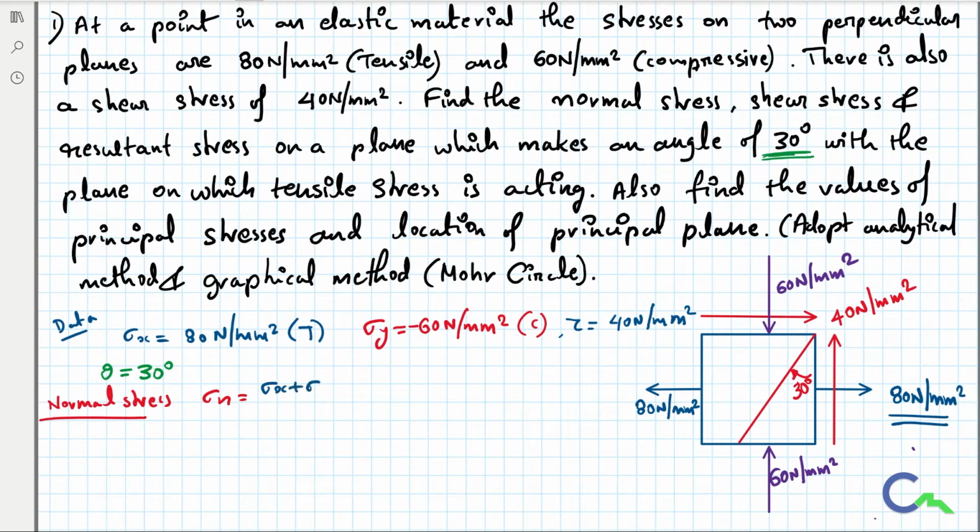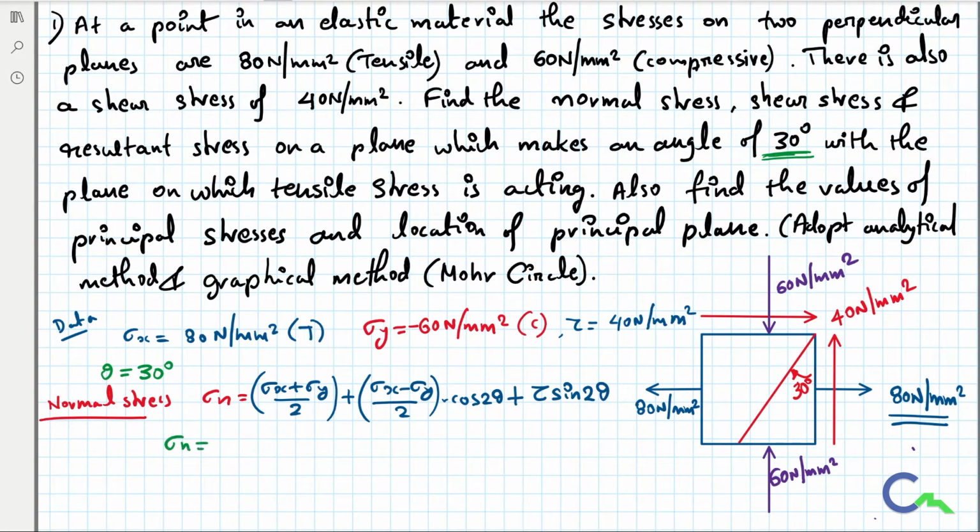sigma n is equal to (sigma x plus sigma y) divided by 2 plus (sigma x minus sigma y) divided by 2 into cos 2 theta plus tau into sin 2 theta. So this is the formula.